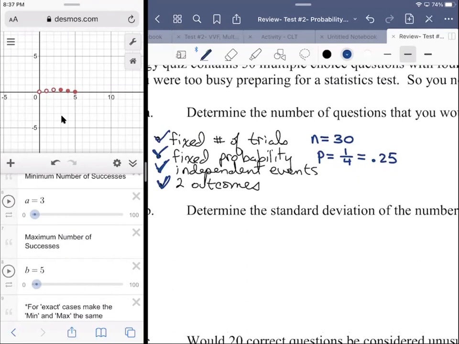However, this is under the assumption that you're guessing on every single question, right? So we can say independent events. And we could also say 2 outcomes. 2 outcomes is the easiest thing to identify. It's right or wrong.